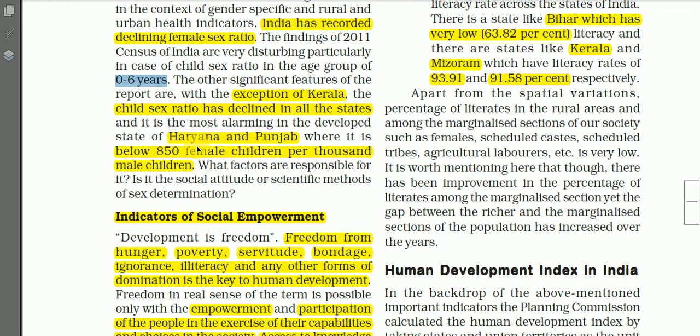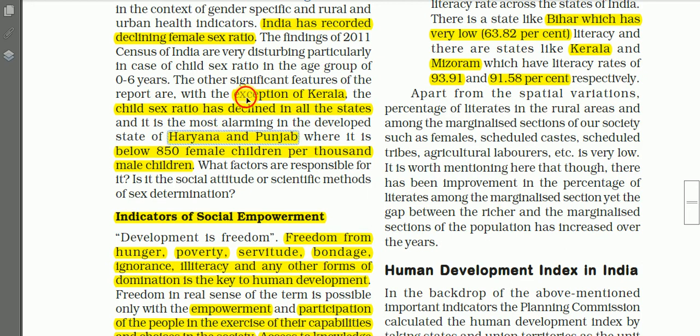Okay. So the other significant features of this report are, with the exception of Kerala, the child sex ratio has declined in all the states, and it is the most alarming in the developed states of Haryana and Punjab. So Haryana and Punjab have the lowest child sex ratio, meaning very few girls in these developed states of India.